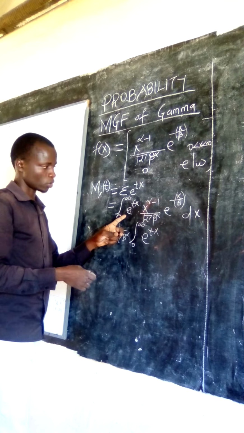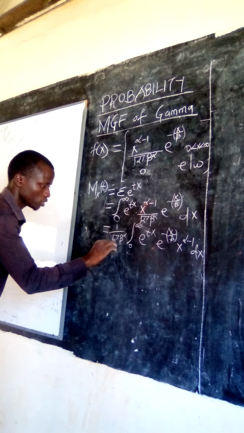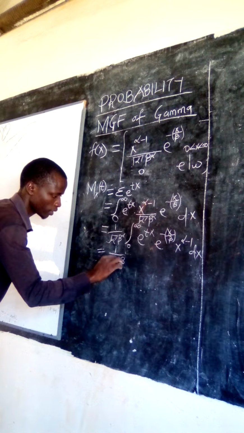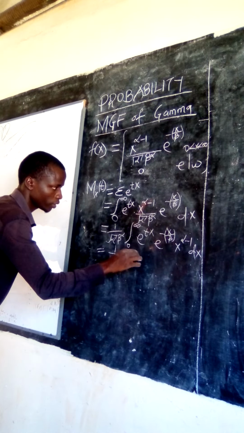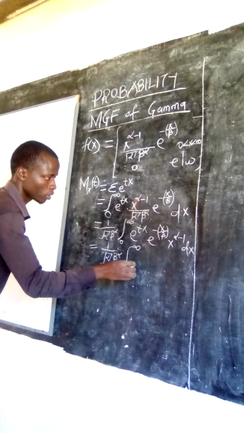Now, having done so, the exponentials have the same base, and therefore, the law of indices states that just take one base, and since the sign separating them is a multiplication, we shall just add the powers. Therefore, I'll come up here and say that it is 1 over gamma of alpha beta to the alpha, and then the integral from 0 to infinity of exponential.